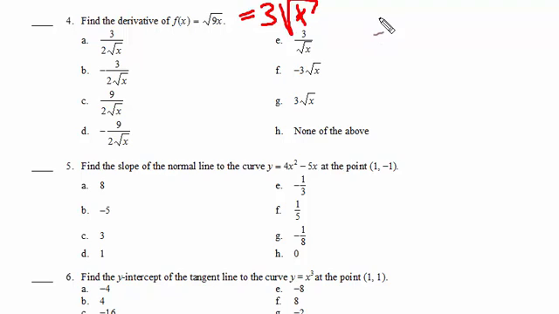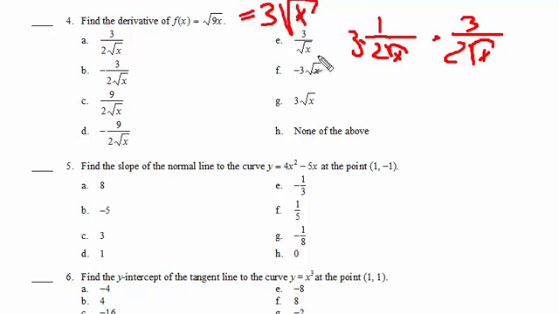You can say, well, I already know the derivative of the square root of x is 1 over 2 square root of x, and then the 3 is a constant multiple, so that just goes in front, and that gives you 3 over 2 square root of x. And now let's see which one that is. That will be this one here, a. Okay, so that one's a.